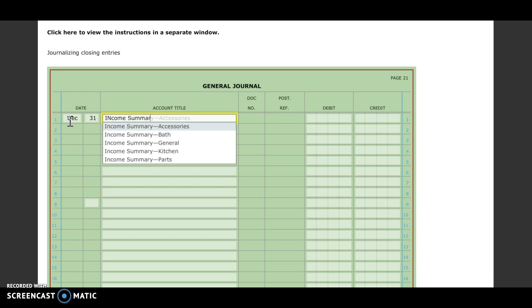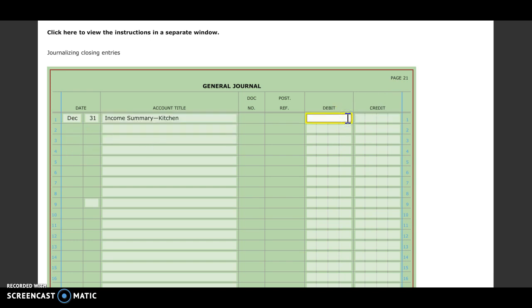If it has a credit balance, that tells me I'm going to be debiting that account. So income summary kitchen, and I'm going to debit for $6,194.62. Okay, then I need to go over to the next page since I printed it.